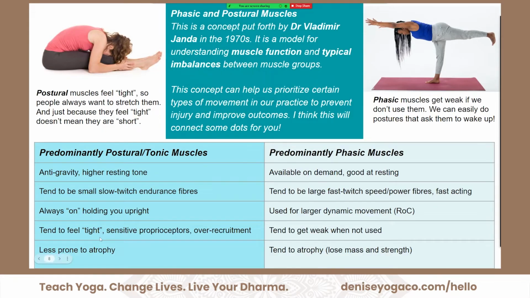So what happens is, because your uprightness is so important to your nervous system, it is going to interfere with movement to some degree, again, in order to serve you, in order to keep you safe. And then you're going to feel like you've lost range of motion and you're going to want to stretch, but that just upsets the nervous system even more. Okay, so we'll give you a better solution. We can easily wake those larger phasic muscles. I mean, with a posture like this, of course, right?